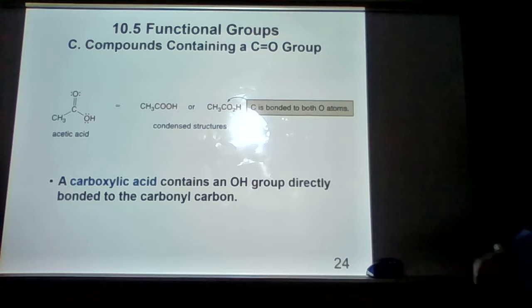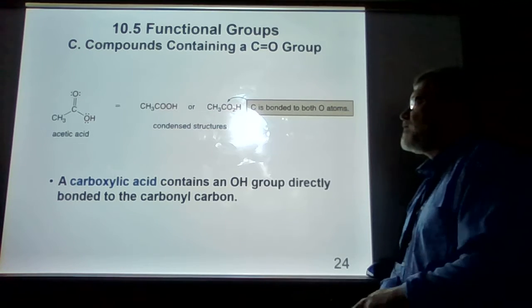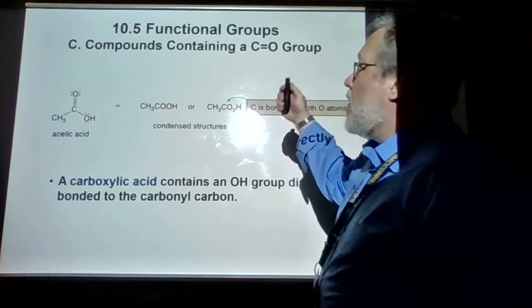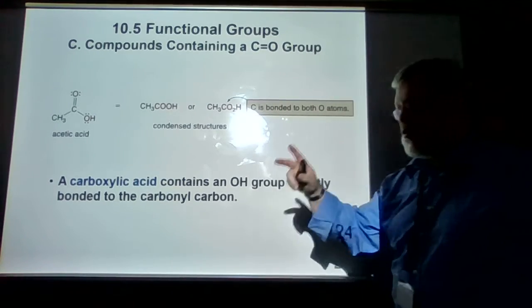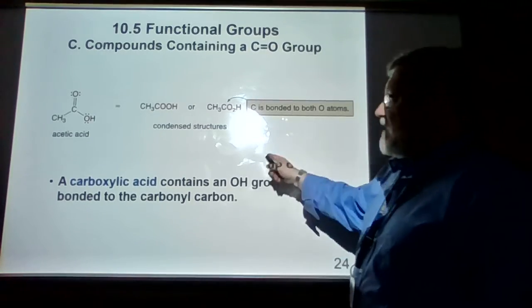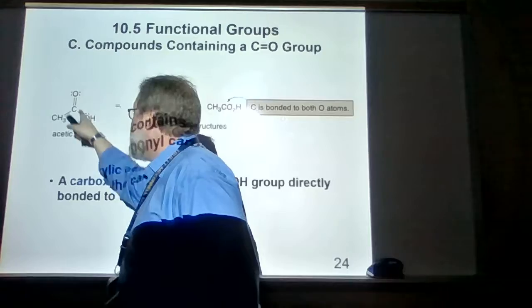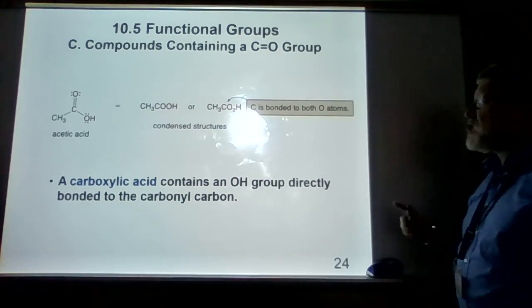So let's get back to compounds that contain different kinds of functional groups. We have carboxylic acids, which contain the combination of two different functional groups, the C double bond O and the OH. You want to write the structure of this.